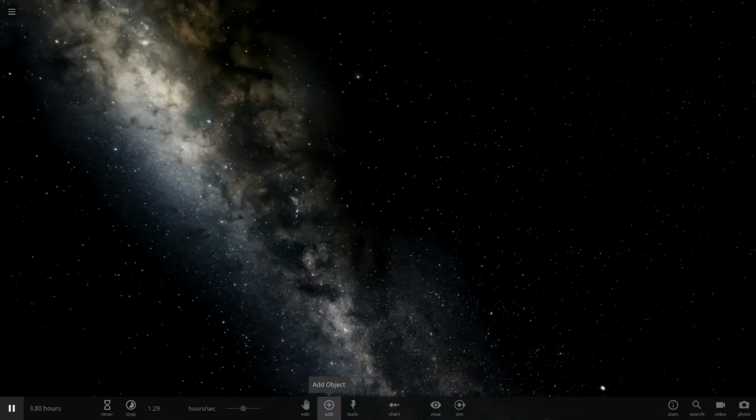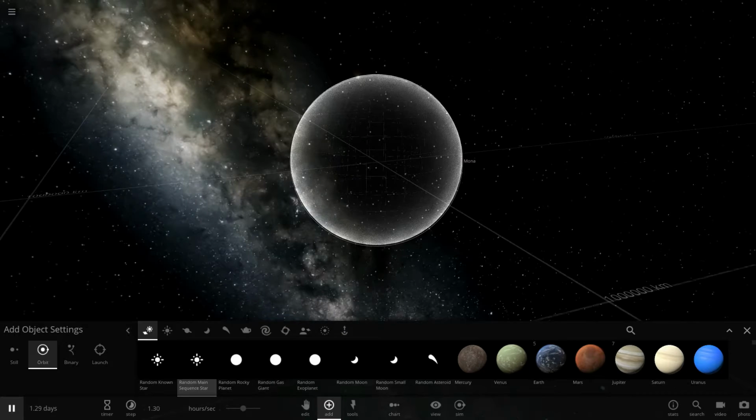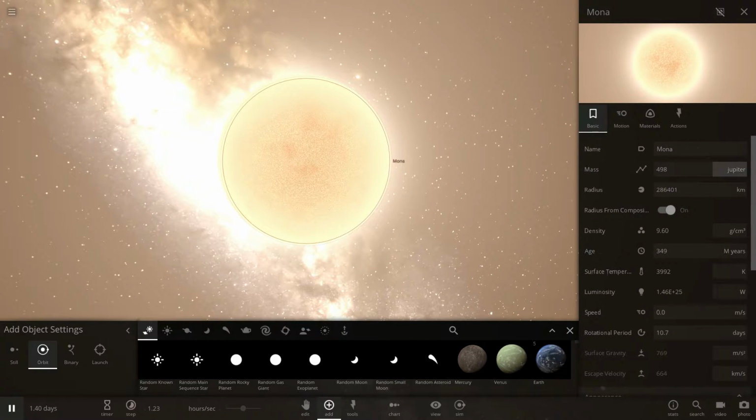And now it starts becoming really weird, because now we get to something called a red subgiant. If you haven't heard of this type of star, you can do some research, but there's a type of star called a red subgiant.